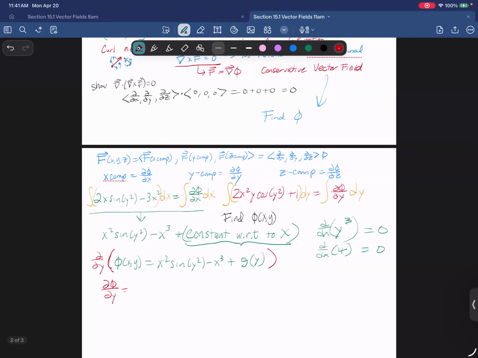On the right side, I get 2x squared y cosine y squared. We're doing the derivative with respect to y. The x cubed goes away, and I have g prime of y. Make sure that makes sense to you.